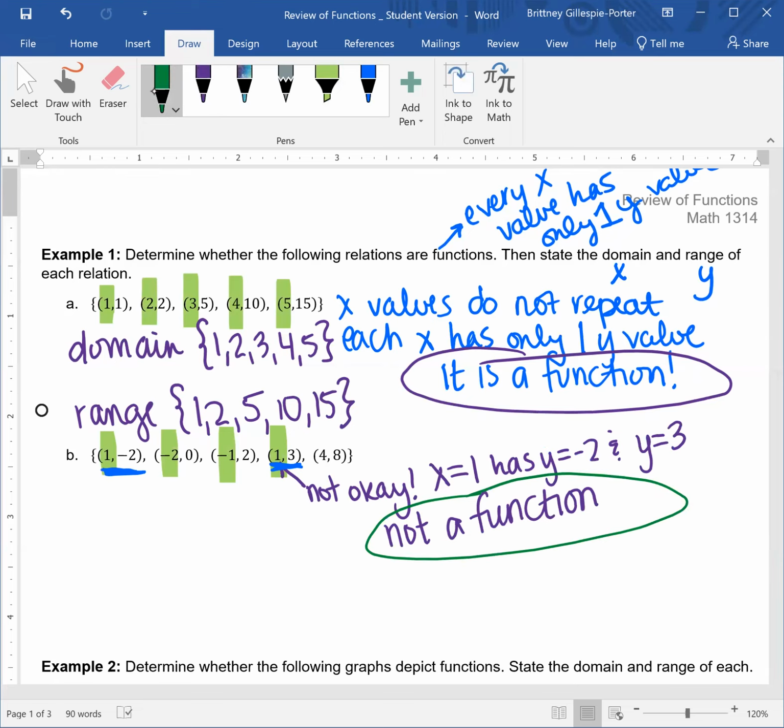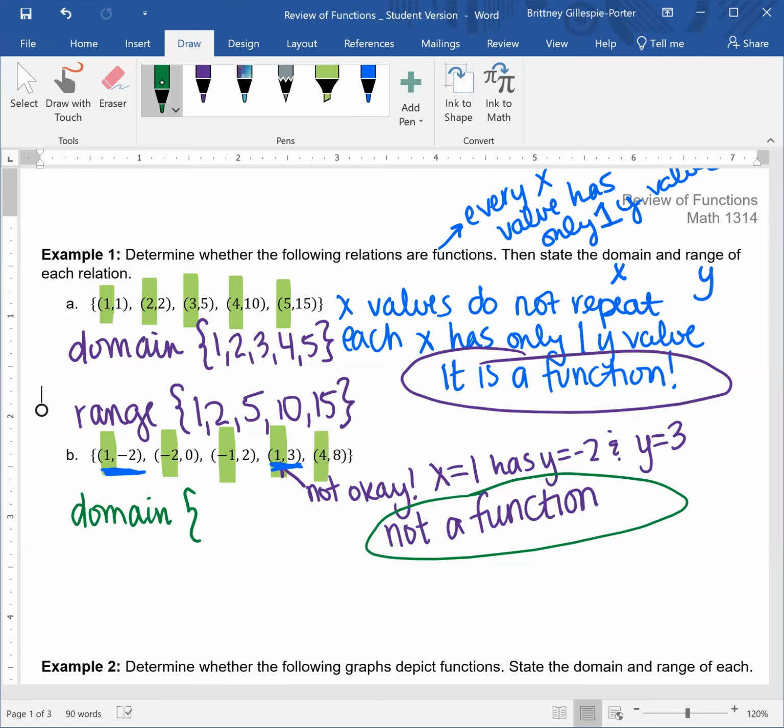Even though he's not a function, we can still do the domain and range. I'm going to go ahead and highlight my last x value because I'm going to need him for my domain. Again, some curly brackets.